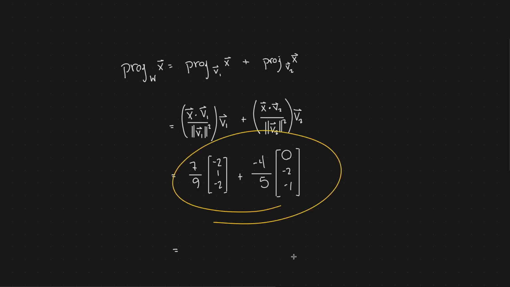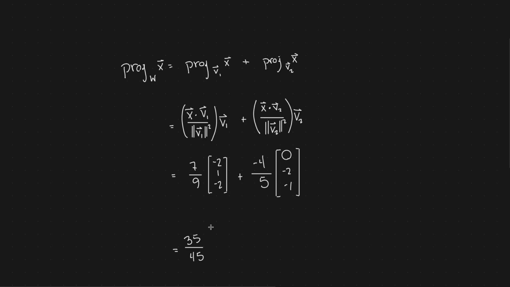If I'm going to add these together, I'm going to need a common denominator, right? So let's get a common denominator. Unfortunately, the smallest I could go is 45. Okay? So that's 35 over 45 times negative 2, 1, negative 2, plus negative 36 over 45 times 0, negative 2, negative 1.